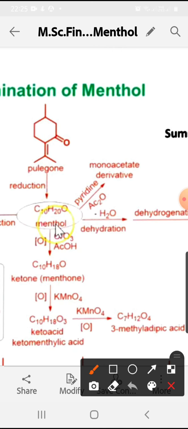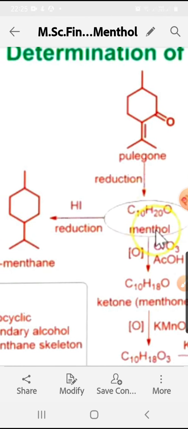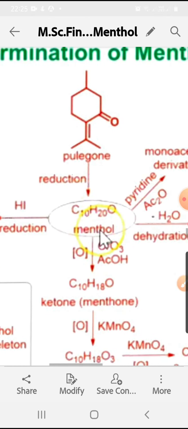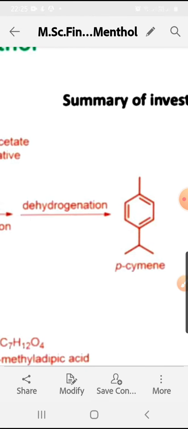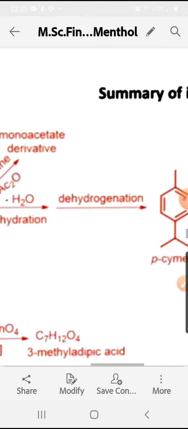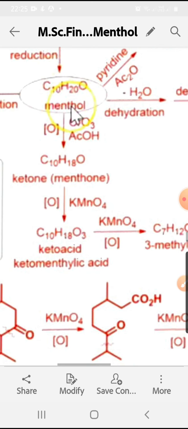Then the skeleton nature of menthol was proved by its reaction with hydrogen iodide reduction as well as dehydrogenation reaction, which gives paracymene. In the next step, we determine the position of the hydroxyl group on the basis of oxidative degradation reactions with KMnO4.